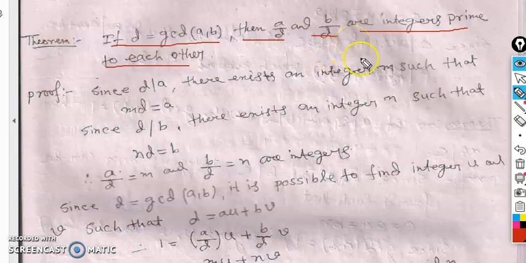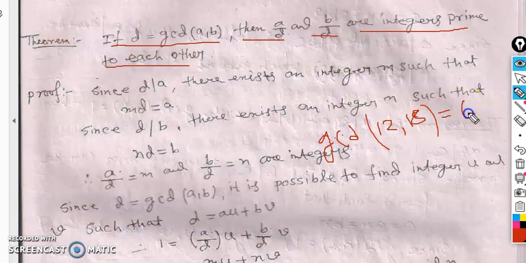Next we move to the example. Say 12 and another one, 18. The GCD of 12 and 18 is 6.